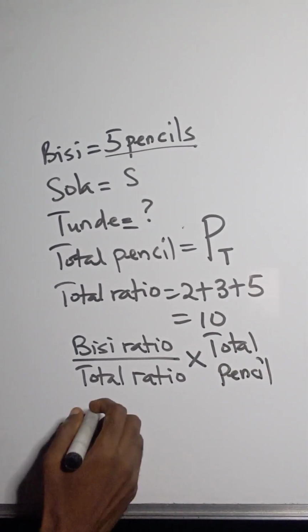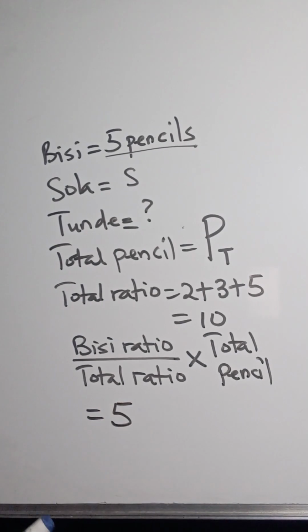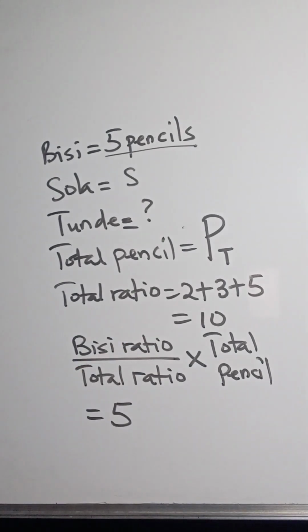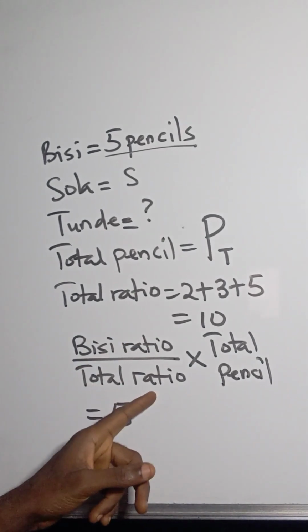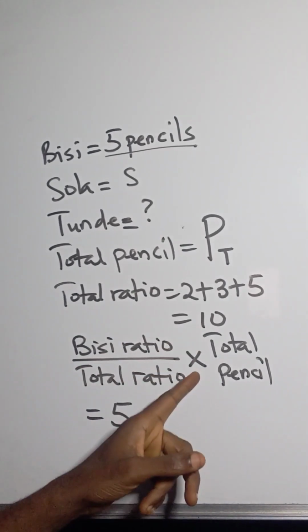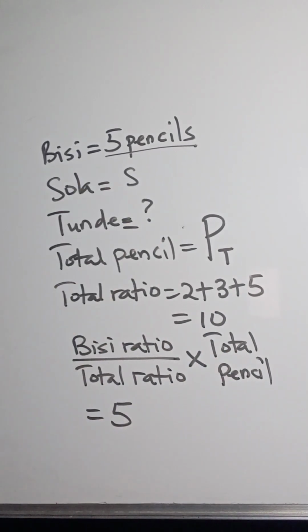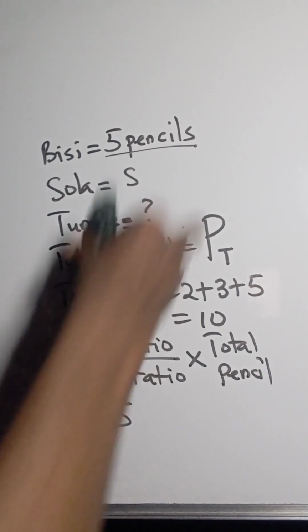So this gives us 5. BC's ratio was 2, the total ratio we had is 10, times the total pencils gave BC 5 pencils. So we want to substitute it and solve.